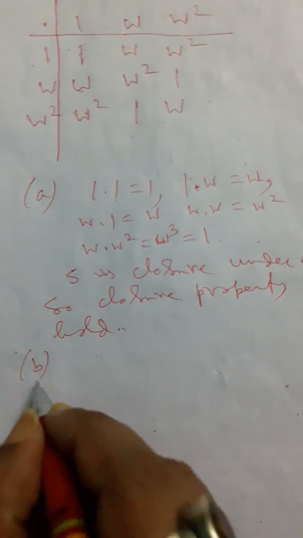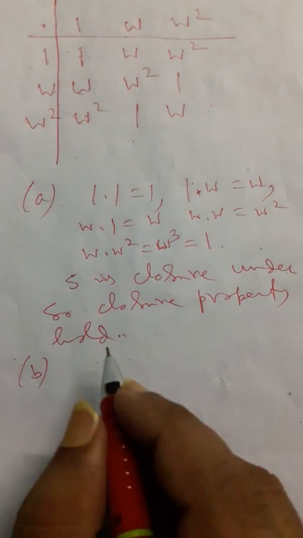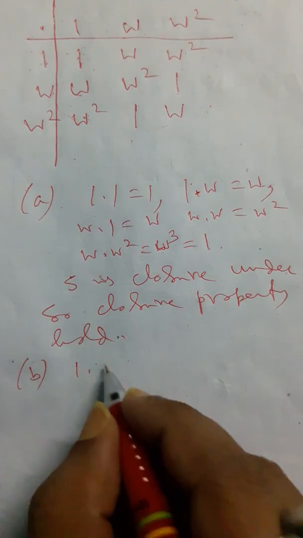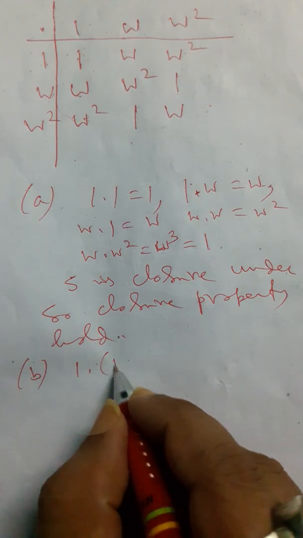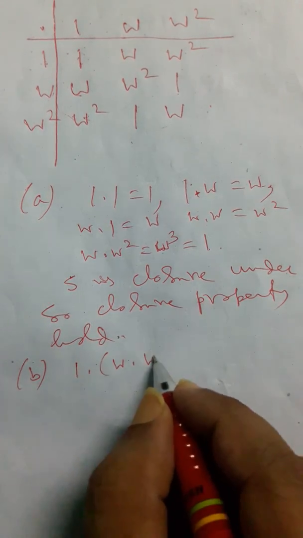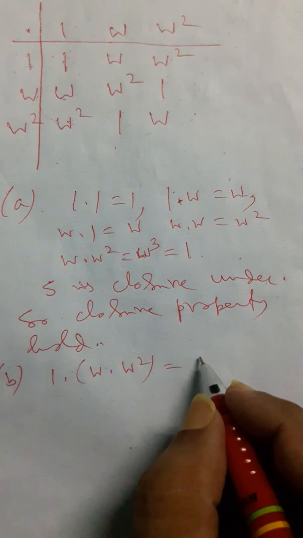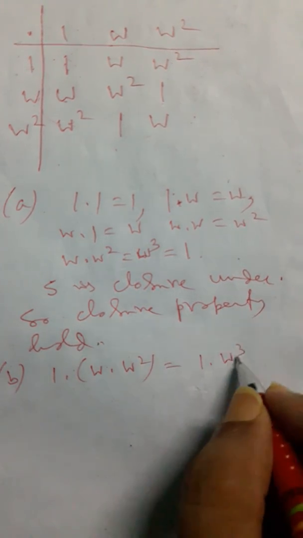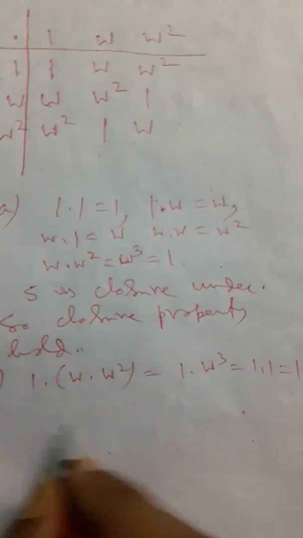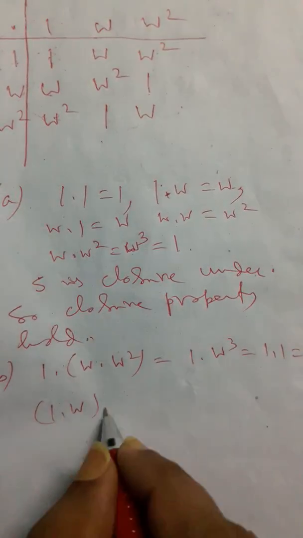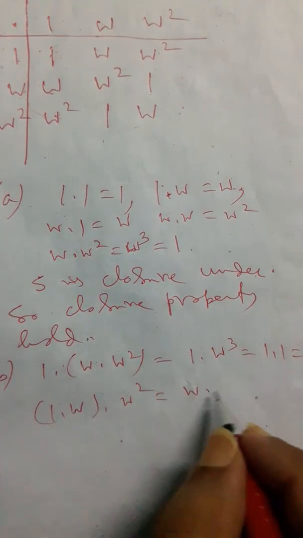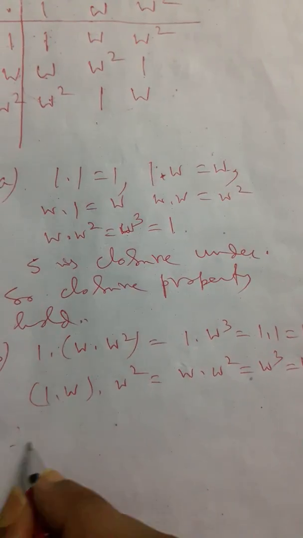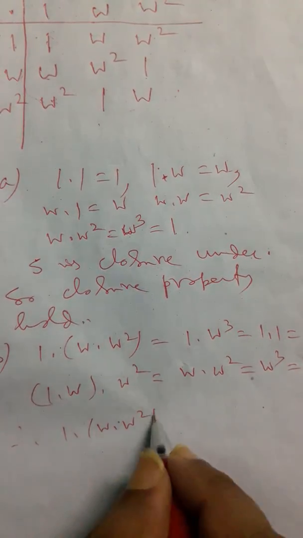Next, if we consider 1 dot omega square, it will be 1 dot omega cube, so it will be 1 dot 1 equals 1. Similarly omega dot omega square will be omega cube, so it will also be 1.